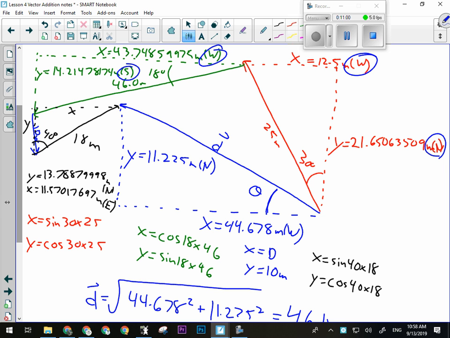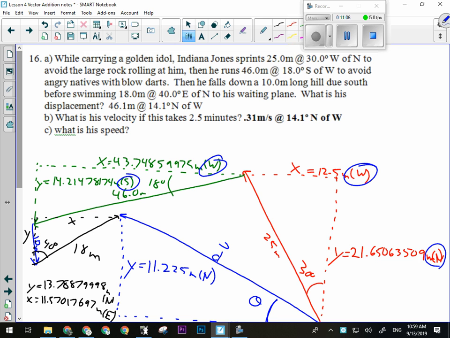Question asked for velocity. Yes, we're going to get to that in just a second. So now I have the displacement, which was part A. Now it says, what's his velocity if this takes 2.5 minutes? All right, so how do I calculate velocity? Displacement over time. So the answer I just calculated is 46.1, divided by 2.5 minutes, which I should probably turn into seconds.